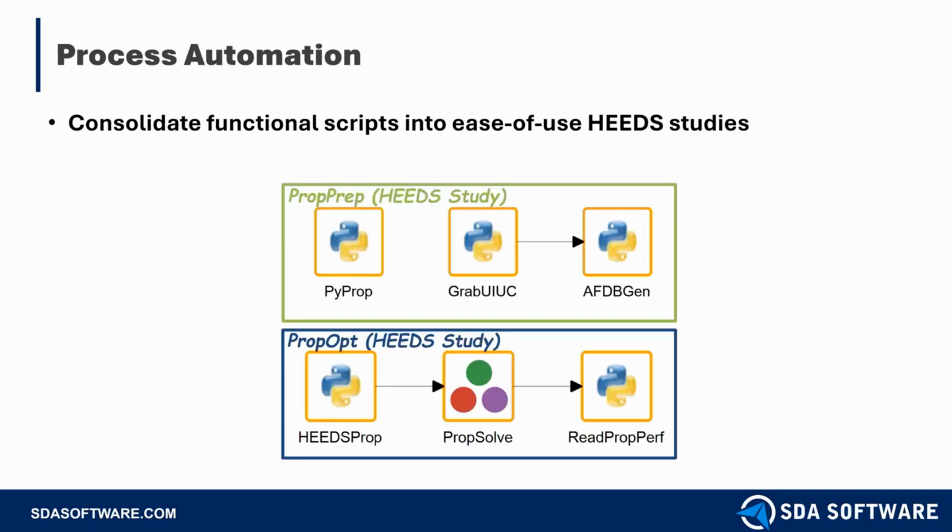HEEDS studies. Even though in HEEDS there's no portal for in-house code, there are portals for Python, or even MATLAB if you use MATLAB. So I can directly import my Python script into HEEDS and use these portals, and these black arrows are basically just data transfer. Those green connections you saw on the logical architecture are consolidated easily into just a single solid black arrow here.